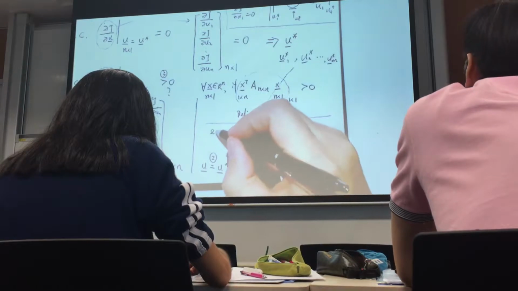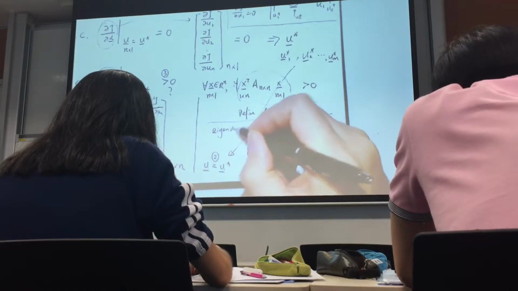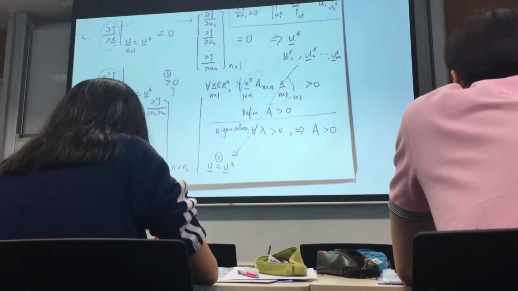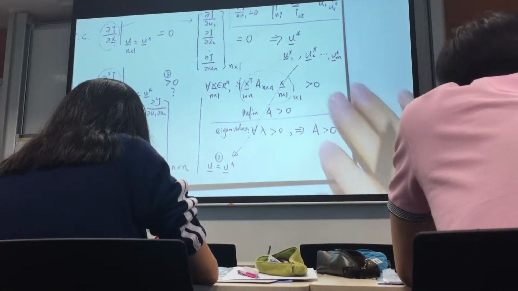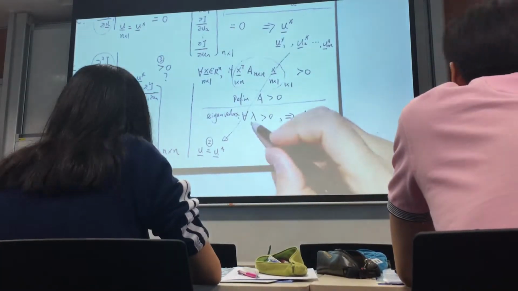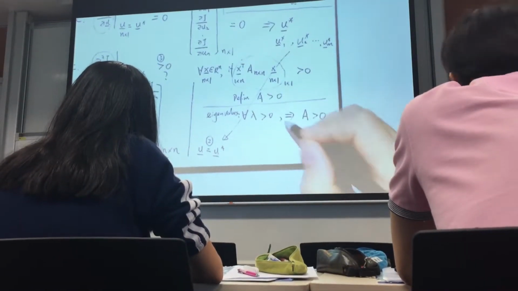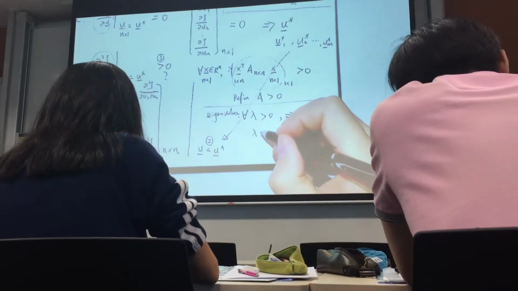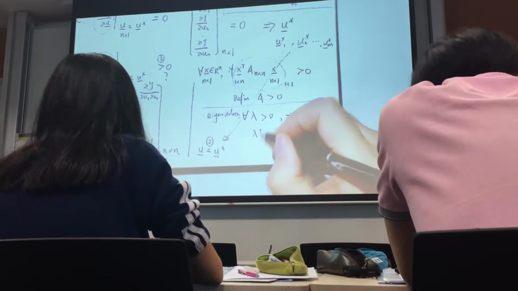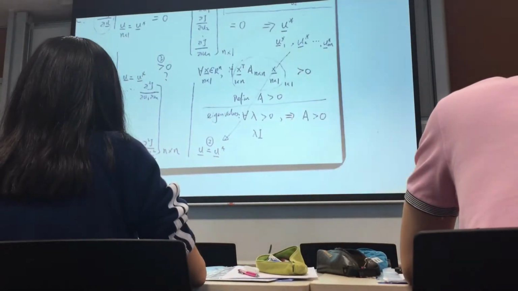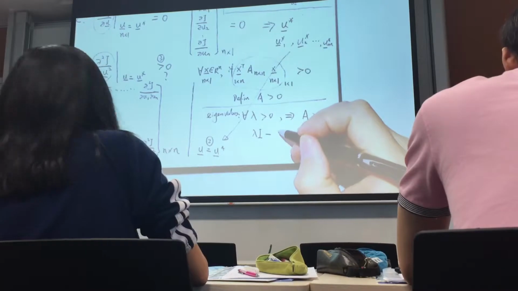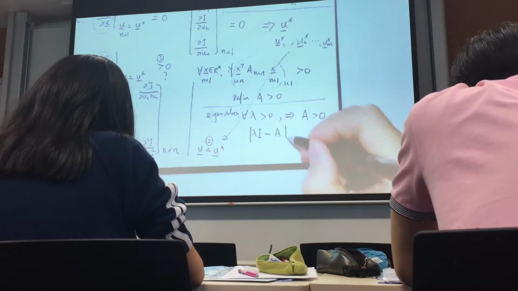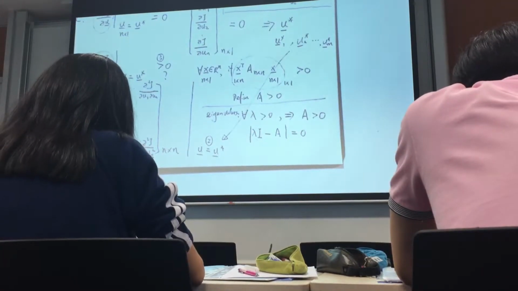Eigenvalues. We know the eigenvalues of a matrix can be evaluated by this equation: lambda multiplied by the identity matrix minus this matrix, and we calculate the determinant. This is equal to 0.